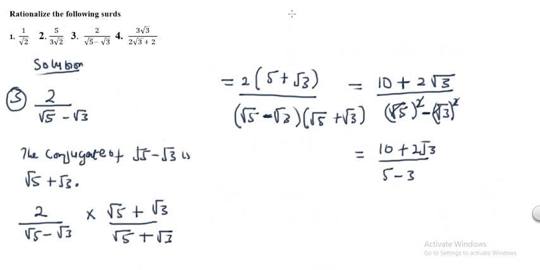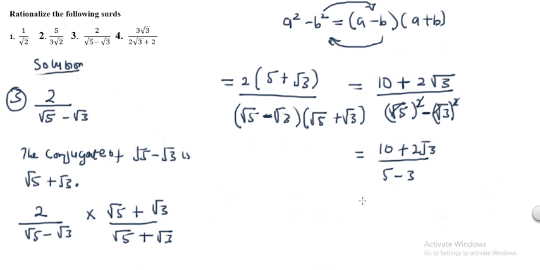The idea comes from a square minus b square, which you can rewrite as a minus b, a plus b. If you have this, you can write it as this, and if you have this, you can also write it as this. So this is a difference of two squares.